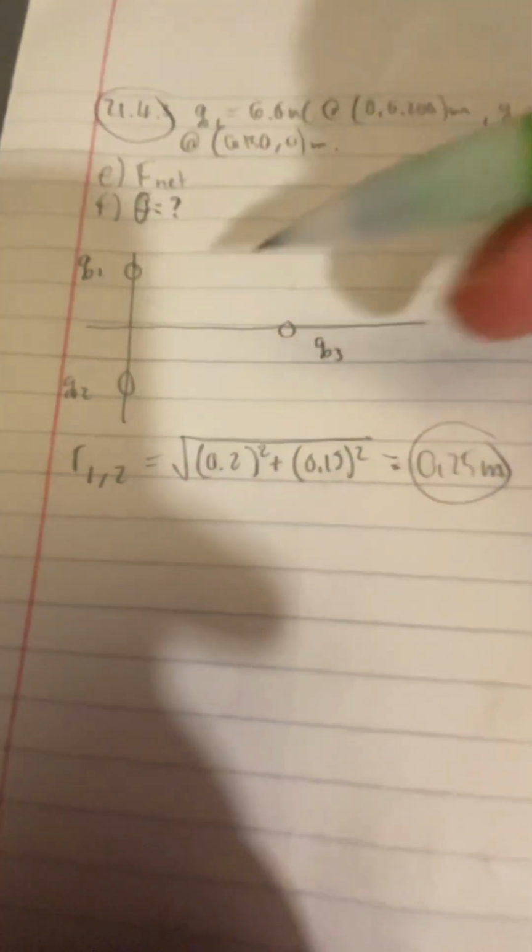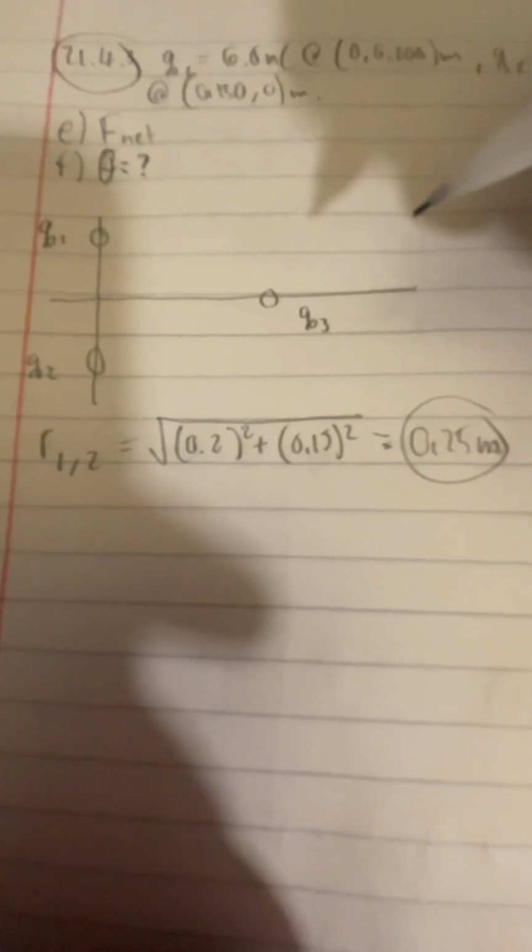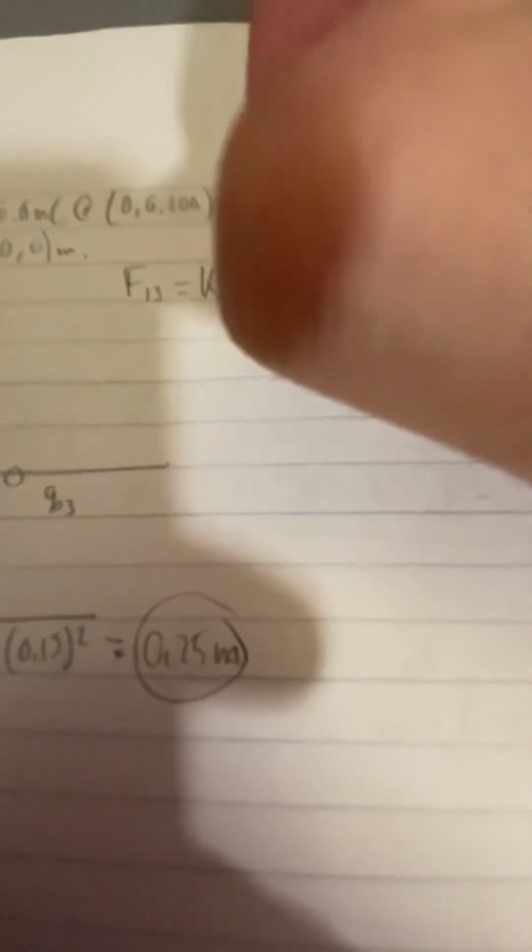Okay, so we need to find F net, so that means we need to find F1 on 3 and F2 on 3. So let's do that.